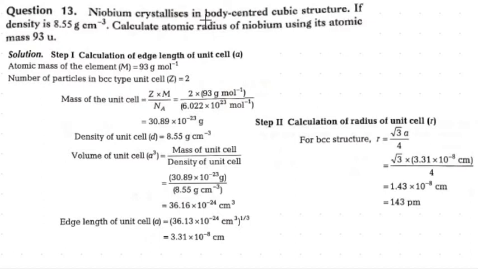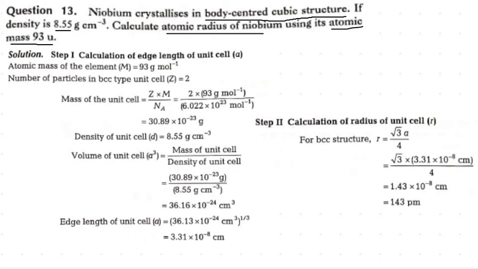Please note, BCC cubic structure. Now if the density is 8.55 gram per centimeter cube, calculate the atomic radius of niobium using its atomic mass, that is 93.